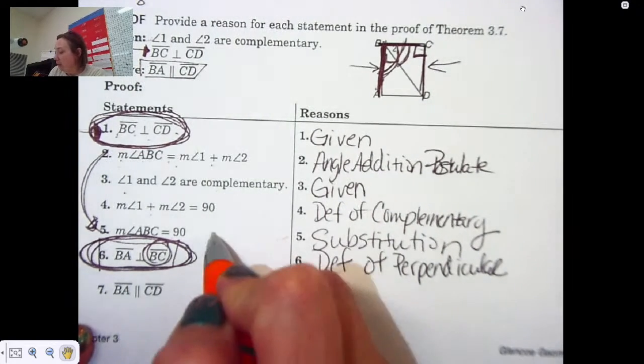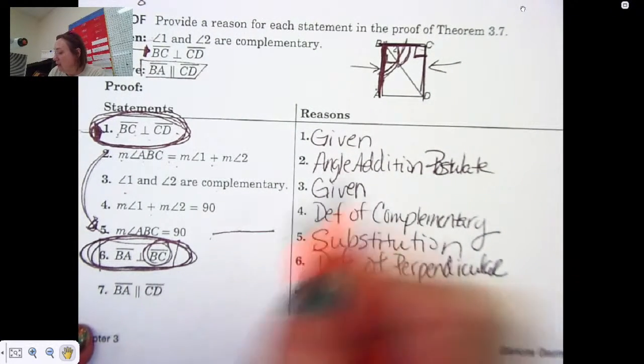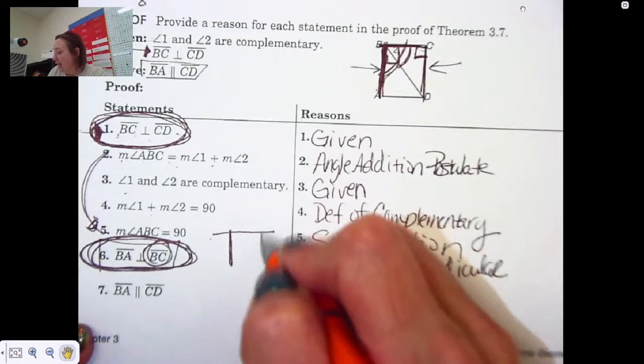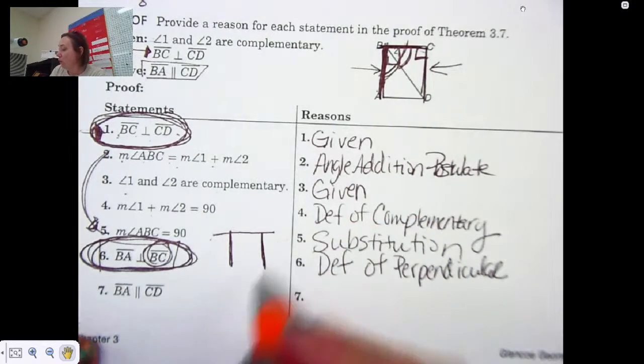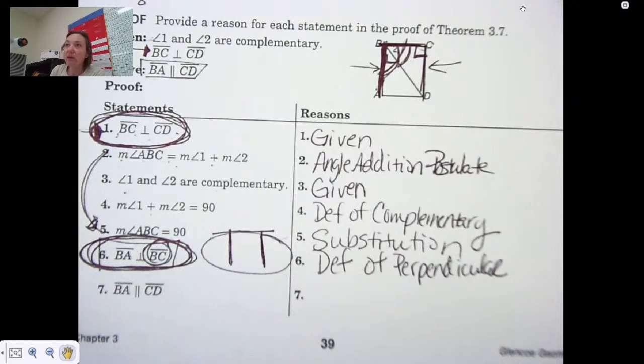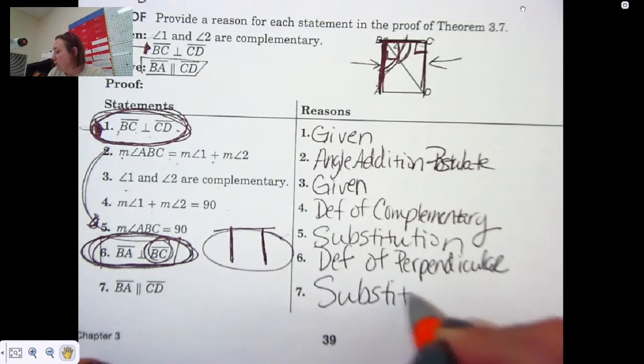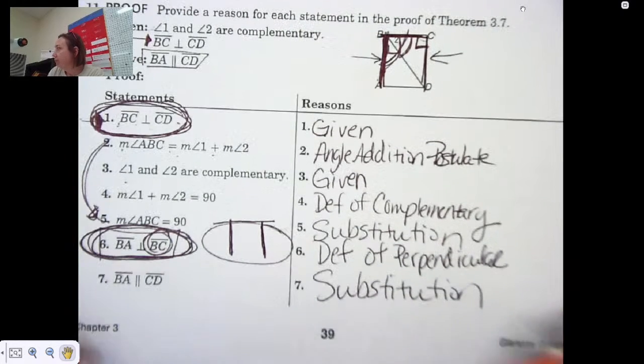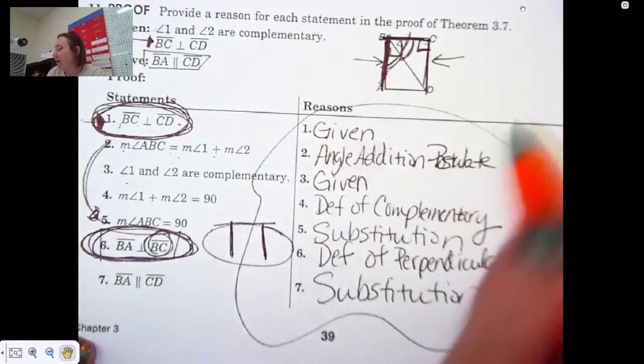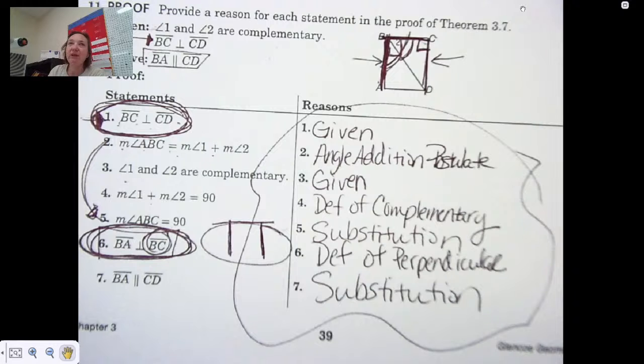So if BC is perpendicular to one and perpendicular to another one, what do you know about these two right here? They are parallel. So how did we get there? Substitution. That's pretty simple, huh?